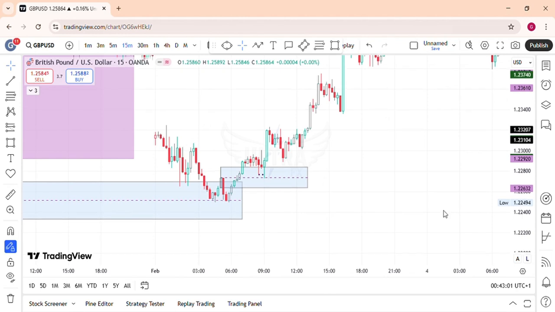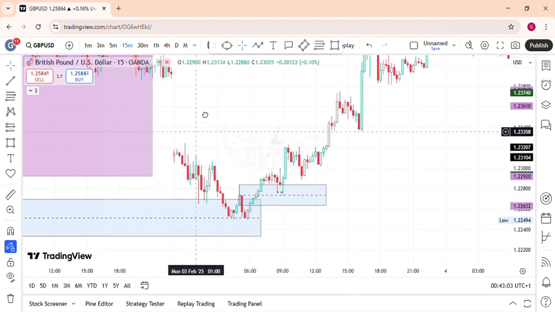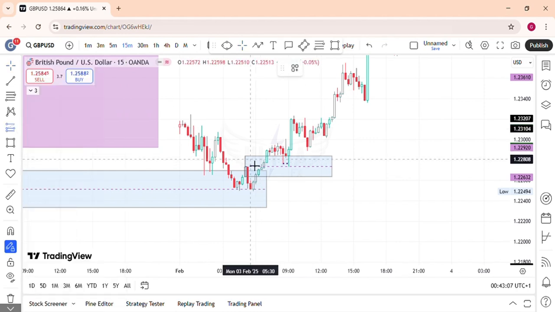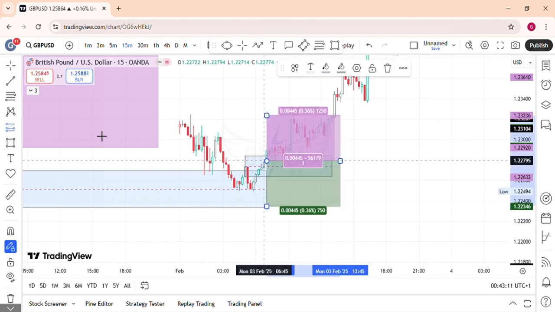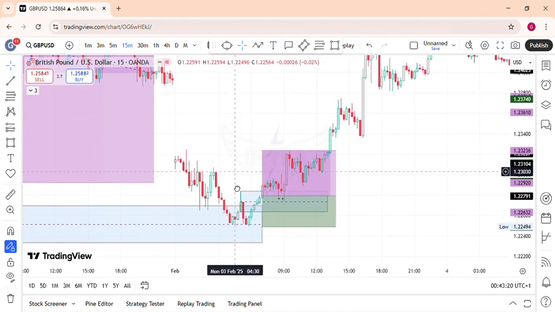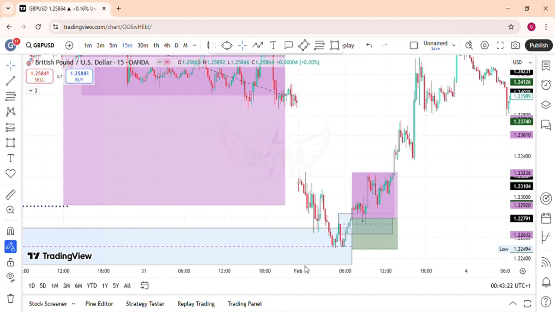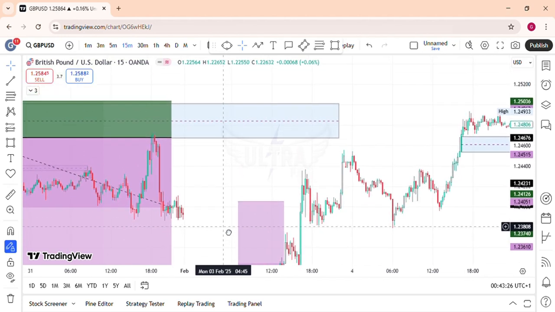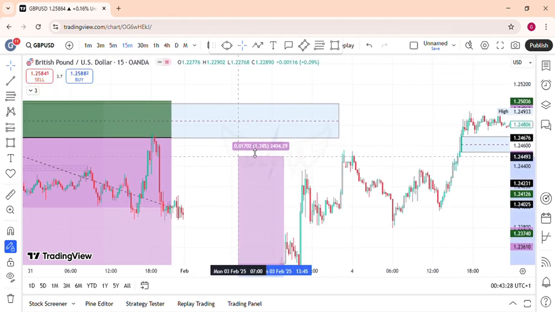So if we were to take this market from this spot for a long position using this breaker, we'll be having our entry from this spot and taking our stop loss here, also going as far as the previous high.